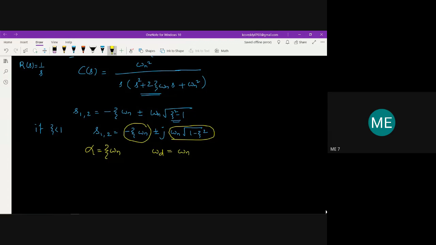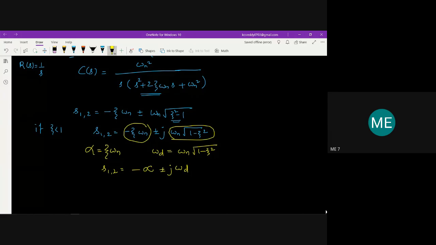So omega d is equal to omega n into root of 1 minus zeta square. Now my roots become S1,2 equal to minus alpha plus or minus j omega d. For our convenience, I'm replacing these terms, and now I got the x plus jy form.